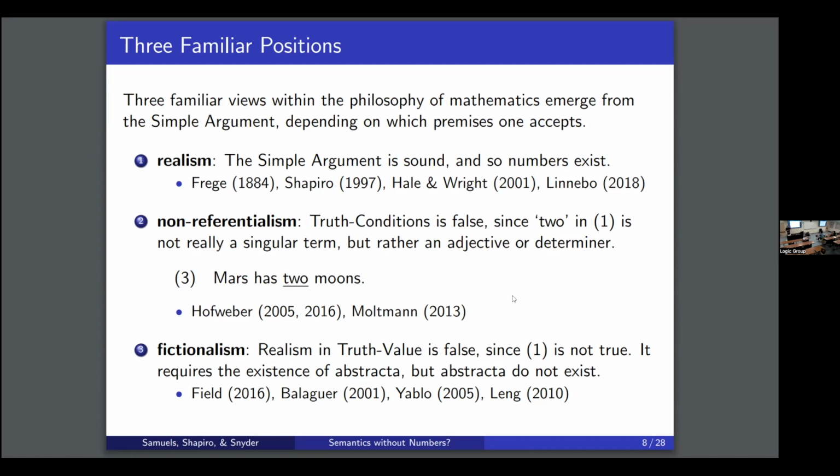As far as fictionalists go, maybe Hartry Field, the most well-known fictionalist. Balaguer, and Stephen Yablo has fluctuated in his views. At one point, he was a fictionalist. Harry Lang also. Okay, so these are all familiar positions within the philosophy of mathematics. They emerge based on how you react to this simple argument.